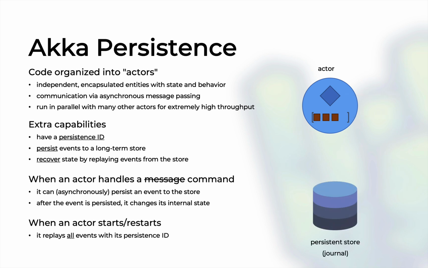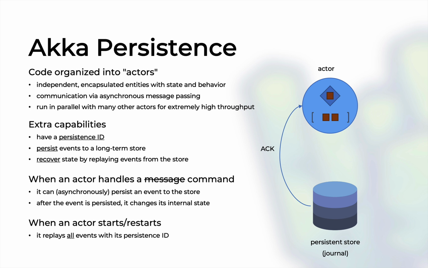Now, let's assume that this actor interacts with a persistent store. When the actor is scheduled to run on a thread, it will simply dequeue messages, and it will treat that message with the internal behavior of the actor, which is its internal code. Now, that behavior can do a lot of things, and one of the very often used effects is to persist an event to the persistent store. Once the persistent store acknowledges the persistence of that event, it will notify the actor.